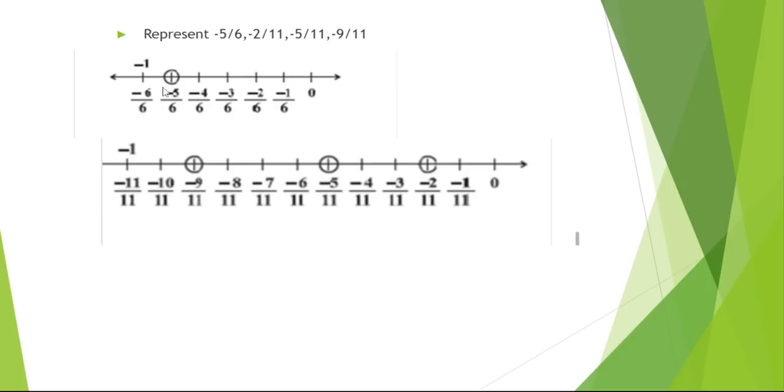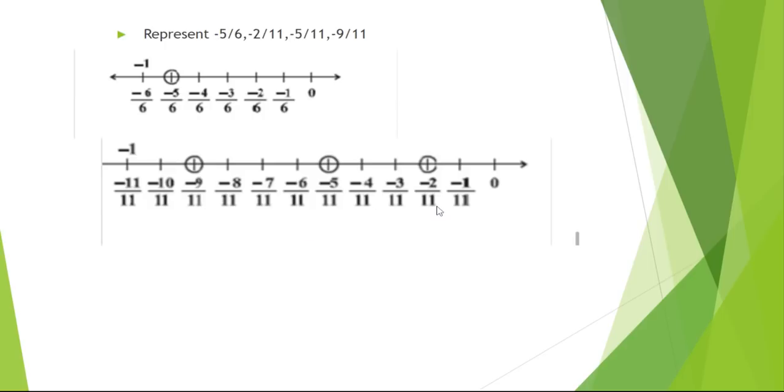Now minus 6 by 6, as you know, is minus 1. So again, I've written minus 1 on the top of it. Now I need to represent minus 5 by 6, so I will encircle minus 5 by 6, as you can see in the number line. Similarly, I'll represent the rest 3 on the next number line.